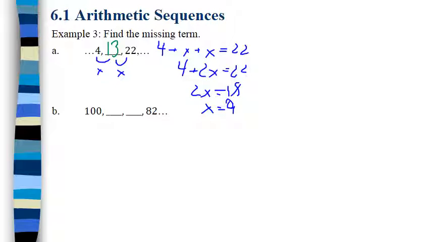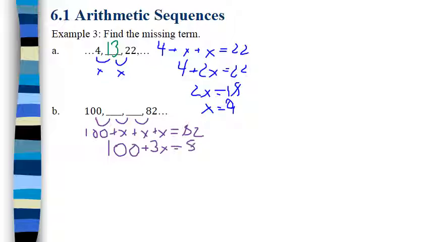I can do the same thing even if I have 2 missing terms, because I know to go from here to here, I'm going to add x. So if I start at 100 and I add x, and then I add another x, and then I add another x, I'll get 82. So really the equation I'm looking at is 100 plus 3x equals 82.